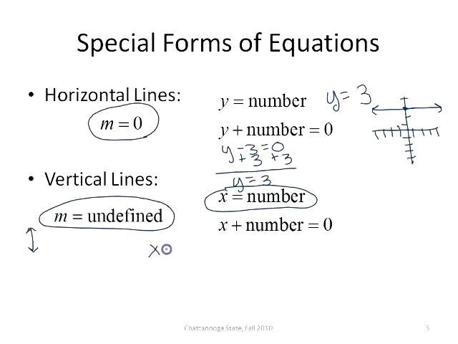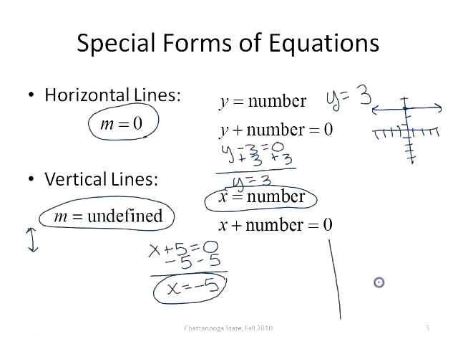So I might have an equation like x plus 5 equals 0, but I can, again, write that in this standard form, x equals negative 5, and know that this is going to be a vertical line where the x coordinates are all negative 5. So I would go over to the x-axis to negative 5 and then draw a line going straight up and down.